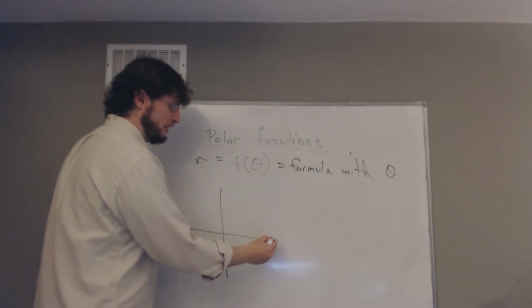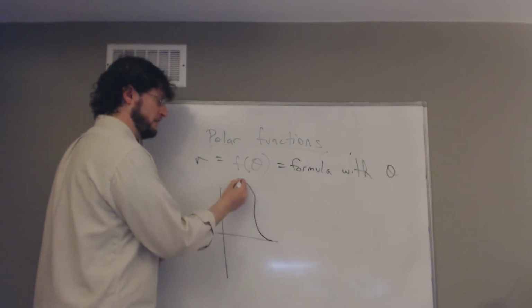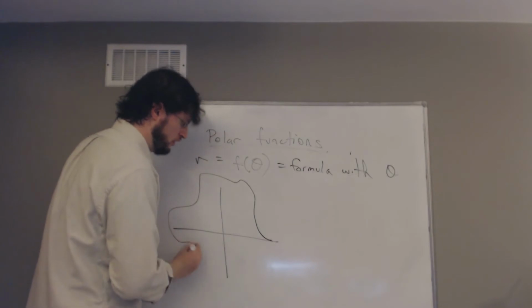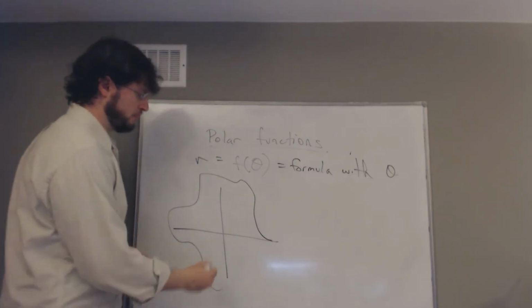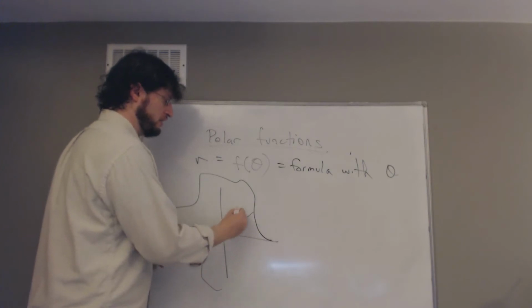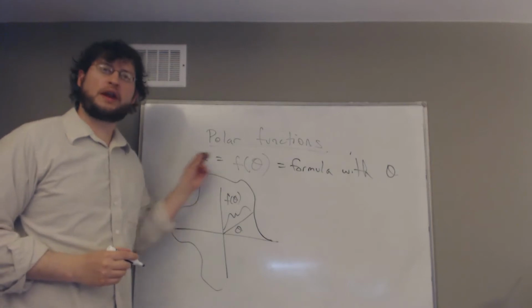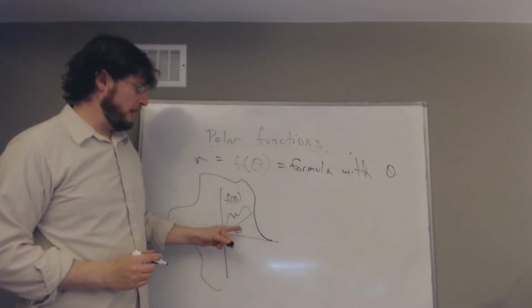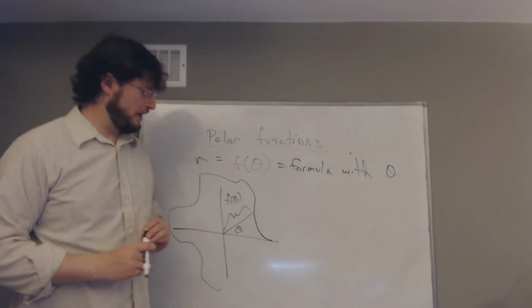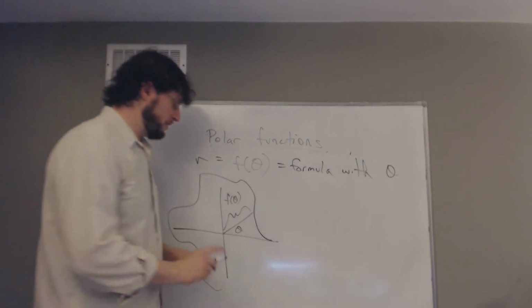So as I move counterclockwise, I may get a different radius at different points. So at this angle of theta, this distance here will be our f of theta. That's the radius, the distance from the origin, as a function of that value of theta. So that's what we're doing when we think about this.